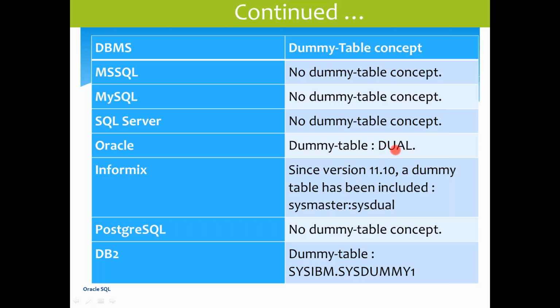SysDual. In Oracle only Dual, in Informix they have given SysDual. Next is PostgreSQL. This is another database. Here, no dummy table. Directly we can write without from and dummy table name. DB2 is one database. In this DB2, sysibm dot sysdummy1 is the dummy table name.